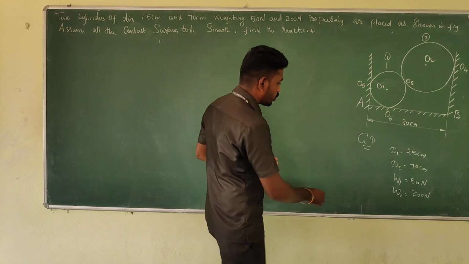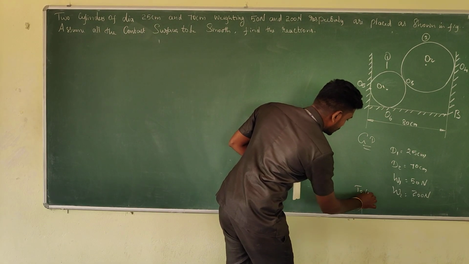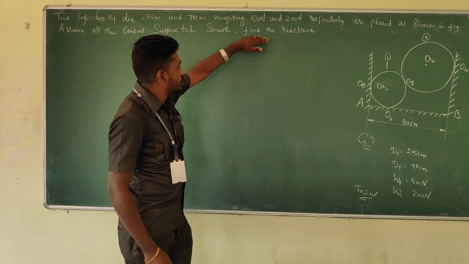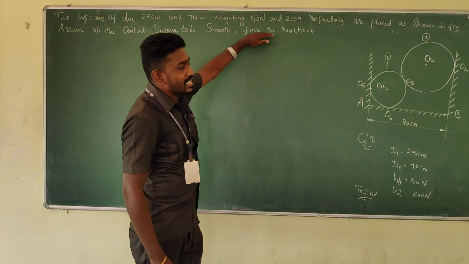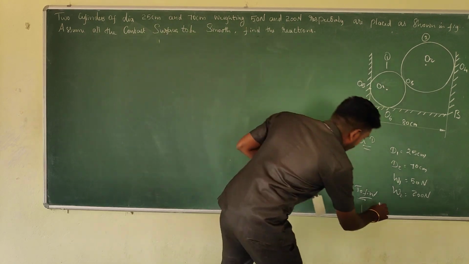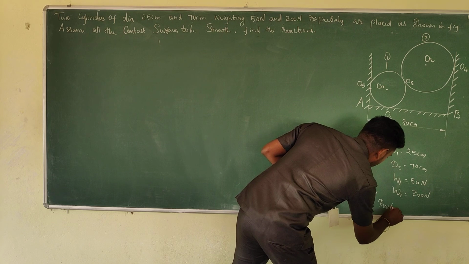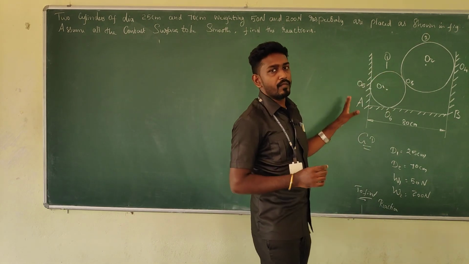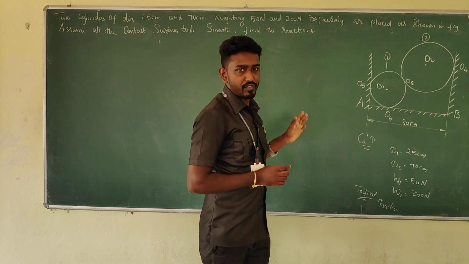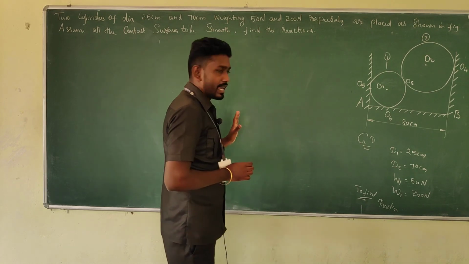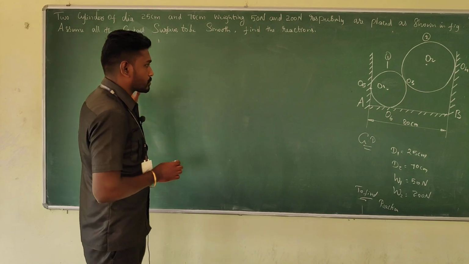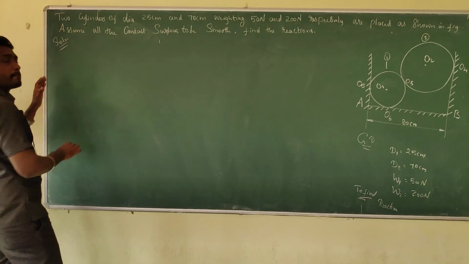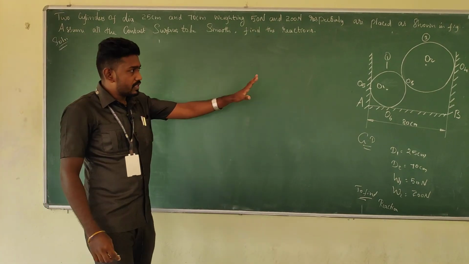What we need to find is clearly represented in the question: find the reactions. We need to find the reactions that happen in this arrangement and give the answer for it. So first, get into the solution and draw the free body diagram of this system.